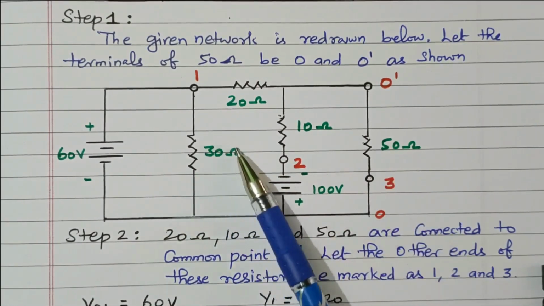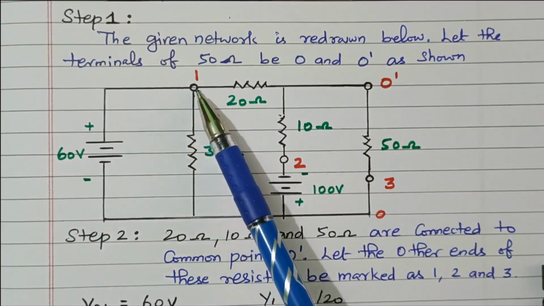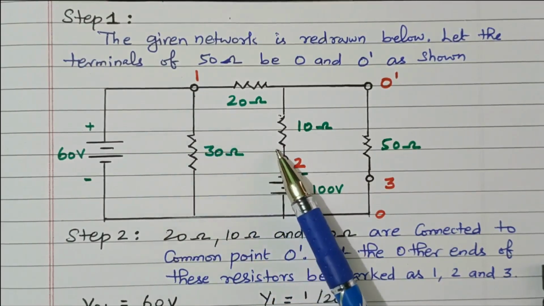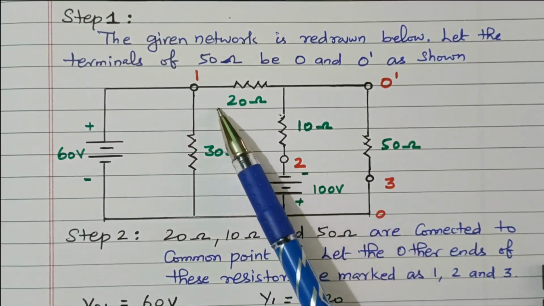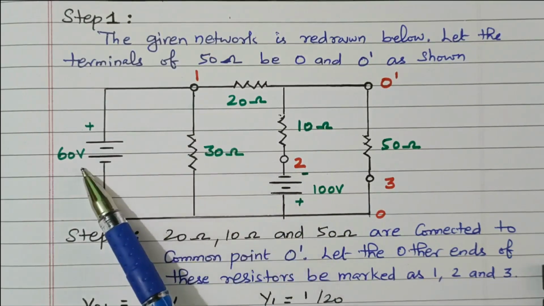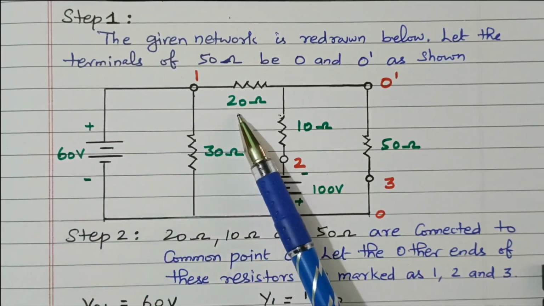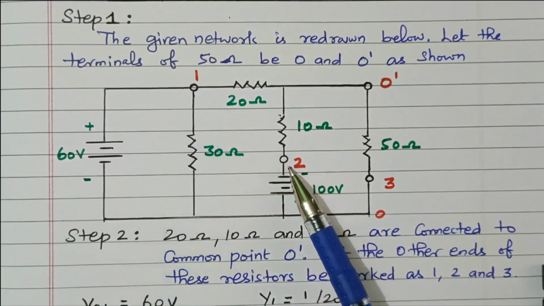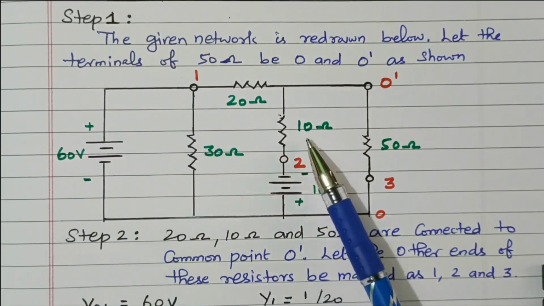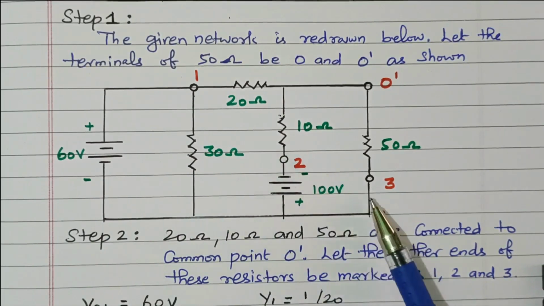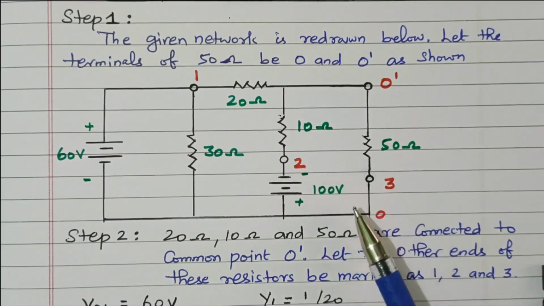No need to consider this 30 ohm. So we consider these 3 terminals, 1, 2, 3. In terminal 1, the voltage source is 60, internal resistance is 20. In terminal 2, voltage source is 100, internal resistance 10. In terminal 3, voltage source is 0, internal resistance 50.